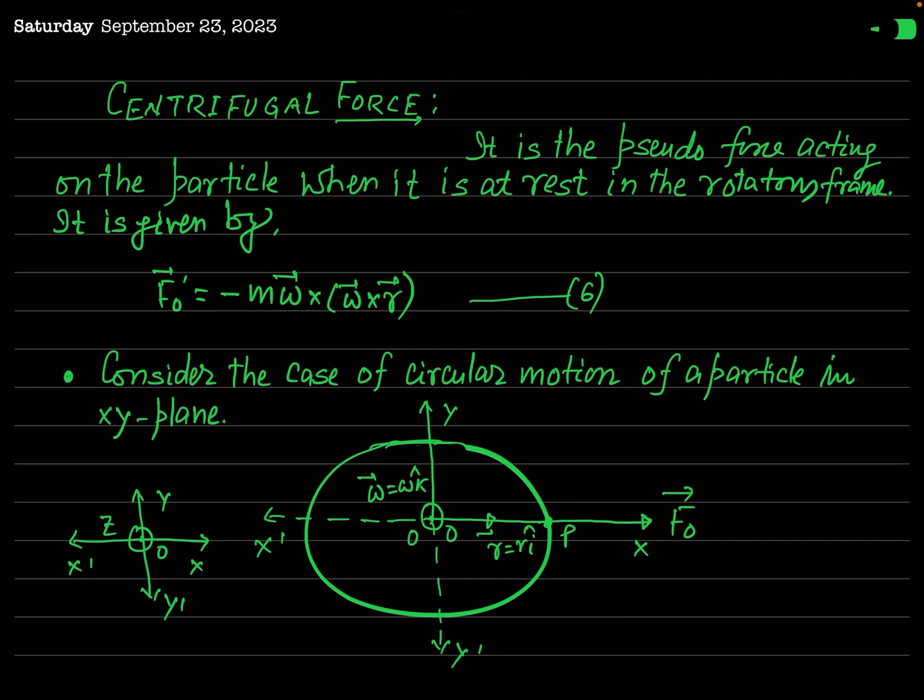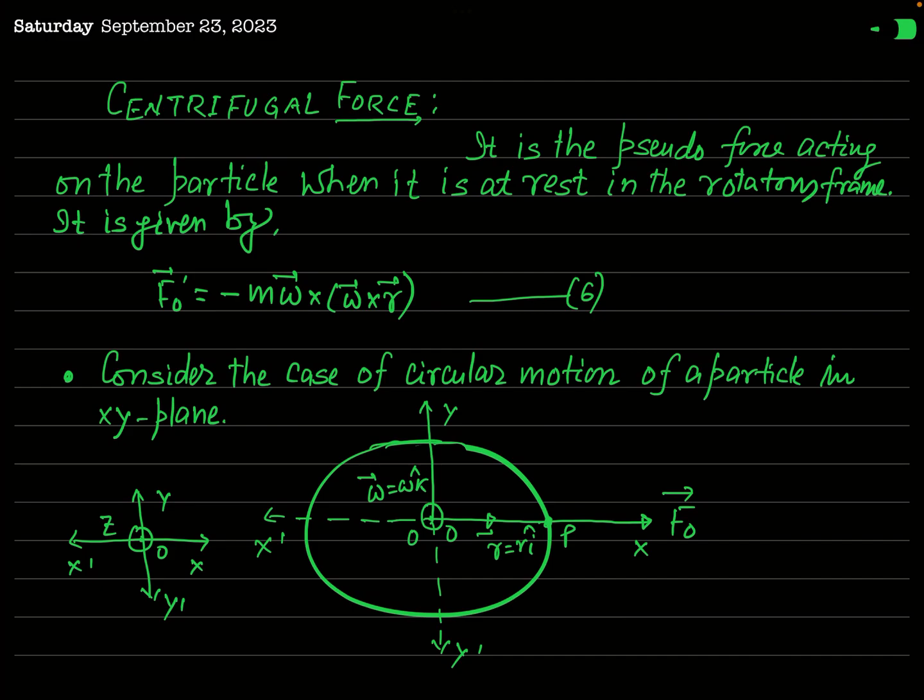When our particle is at rest in the rotatory frame, the Coriolis force will be 0. In that condition, only one pseudo force acts on the particle, and that pseudo force is called centrifugal force. So you can say that centrifugal force is not a real force. It is not a real interaction.